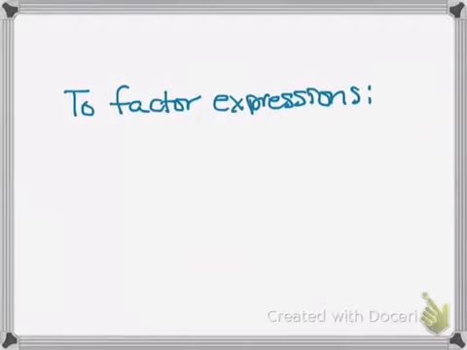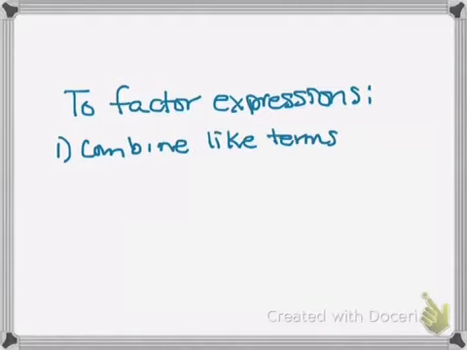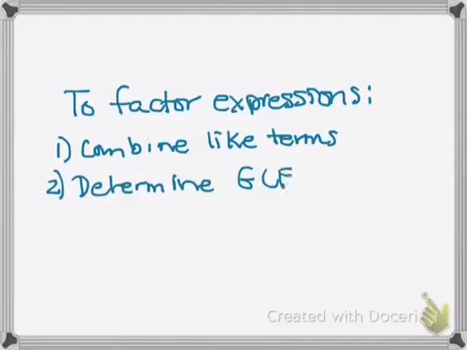So I've got a list of things that might help you when you factor expressions. Number one, we need to try to combine like terms. This may even include doing the distributive property, so be sure to combine like terms. Then determine the greatest common factor. The greatest common factor is the biggest number that divides the terms evenly. Most of our expressions may just have 2 terms, but you might have an expression with 5 terms.